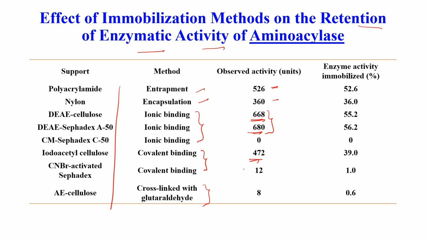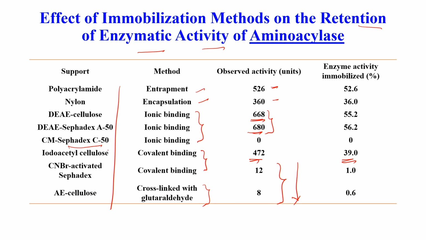For the covalent it is 472, enzyme activity is 39%, but if I go for further different methods like DEAE cellulose and Sephadex with covalent binding or cross linking, activity has slightly decreased, almost no activity.